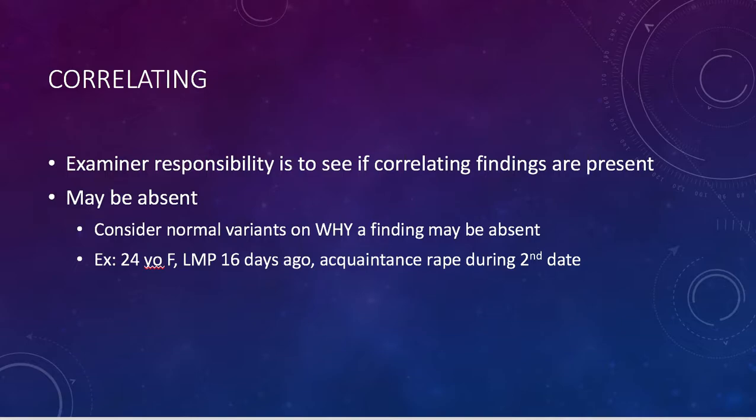We talked in detail about females and the average age of the assault. So if you take a 24-year-old female, her last menstrual period was 16 days ago, and let's say it was an acquaintance rape during their second date, and there was potential consensual kissing or any other type of interaction. However, the act of sex was not consensual.